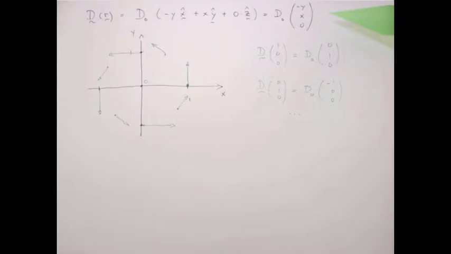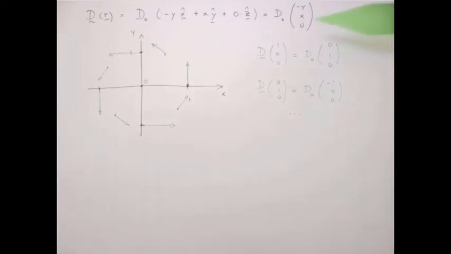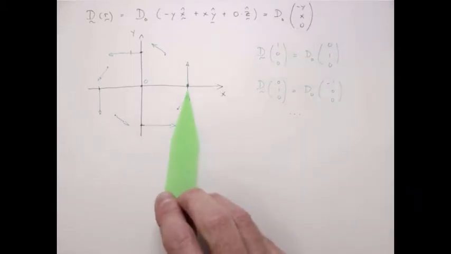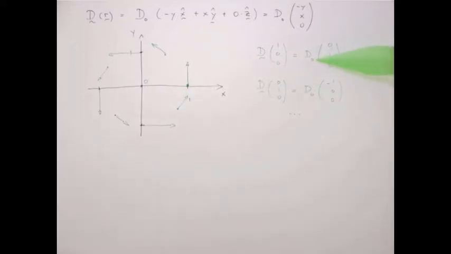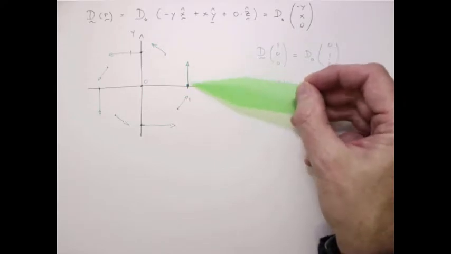If we work out some of those vectors in space in an x, y coordinate system, for example, for the position (1, 0, 0), which is this position, x equals 1, y and z are 0, we obtain that the field vector is (0, 1, 0), and that gives us this vector here.